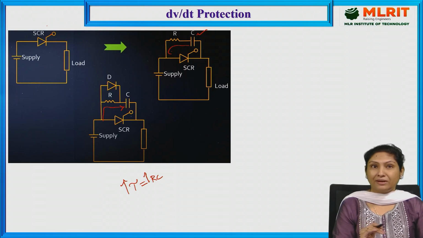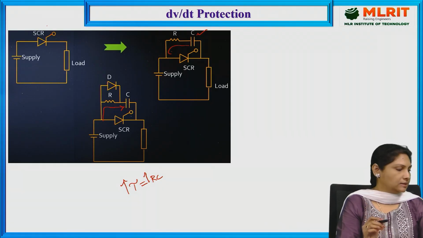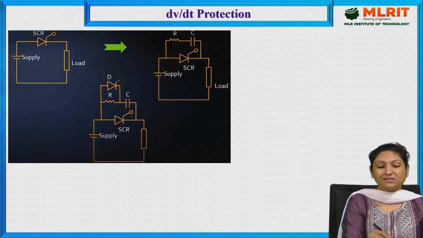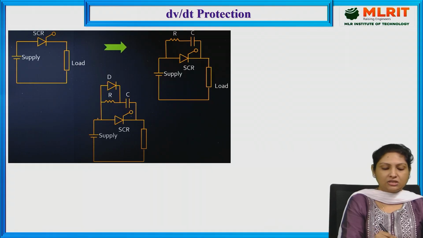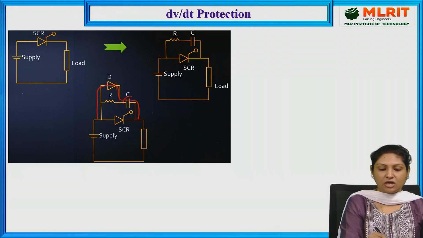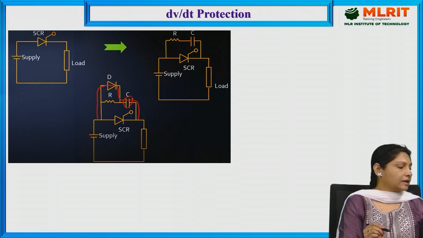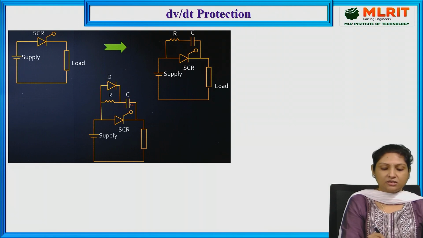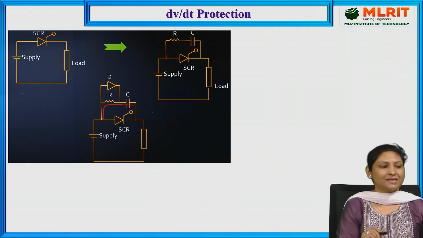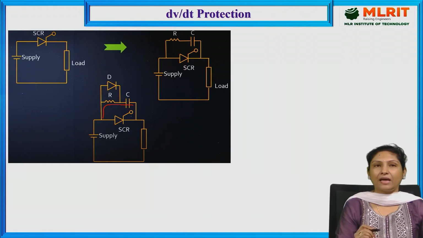So in order to reduce this, we are simply connecting this particular diode across the resistor such that the charging of the capacitor will be done through the diode, then the capacitor. And once the capacitor is completely charged, the capacitor now discharges through this particular resistor, such that both purposes can be achieved.